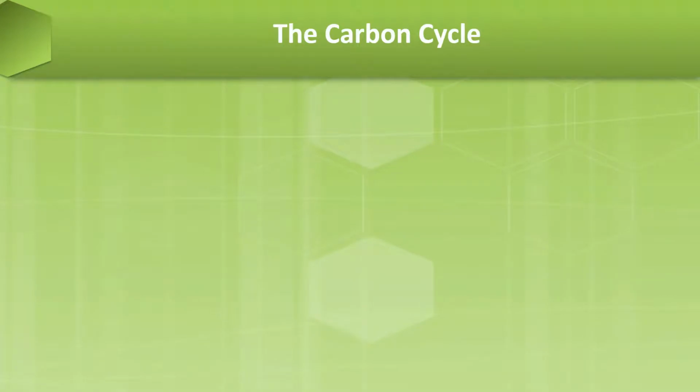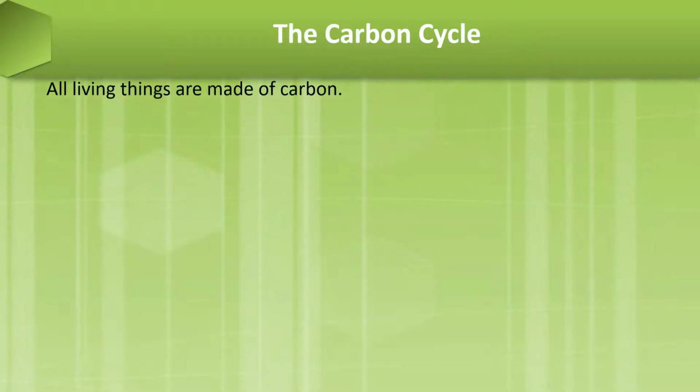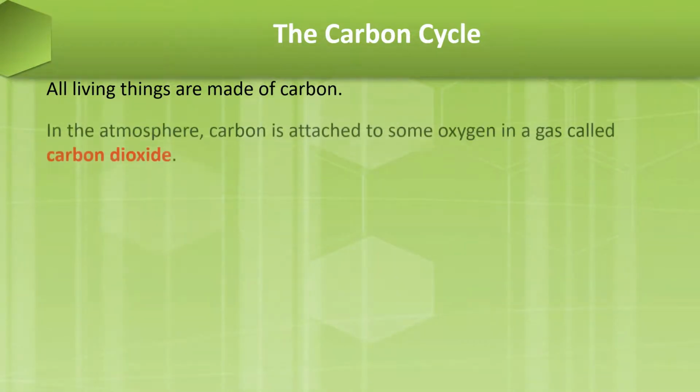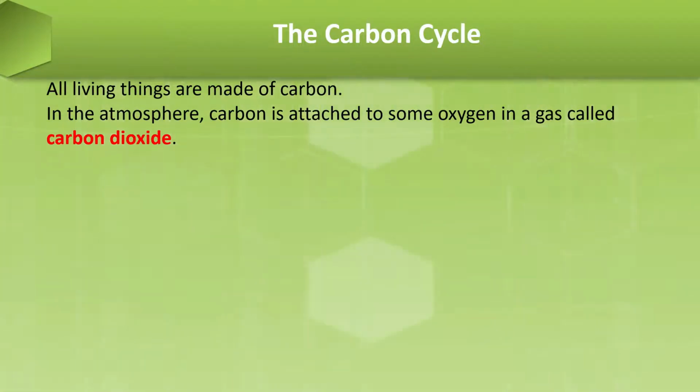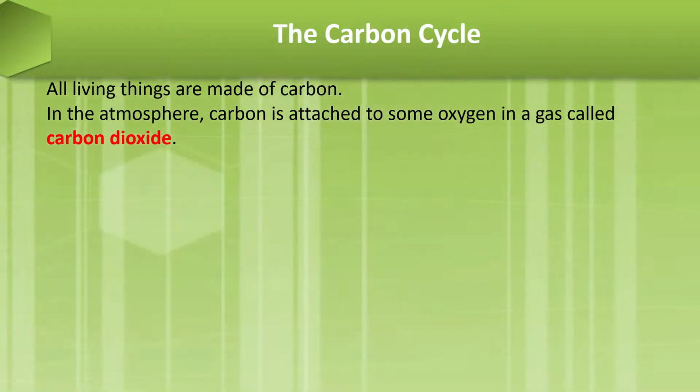The carbon cycle. All living things are made up of carbon. It looks interesting, doesn't it? In the atmosphere, carbon is attached to oxygen in a gas called carbon dioxide: one carbon and two oxygen.